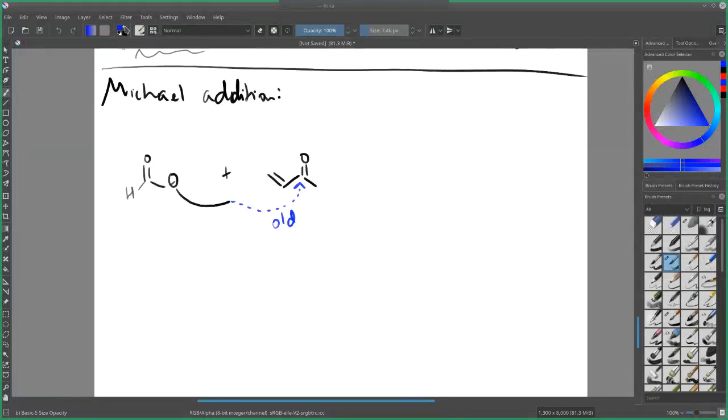But what happens in a Michael addition is instead that these electrons will come up to the end of the double bond and this will kick the electrons up this chain because this is conjugated. And it'll move them in the same way that you would move the electrons up onto the carbonyl normally. But now we're just doing it from farther away.